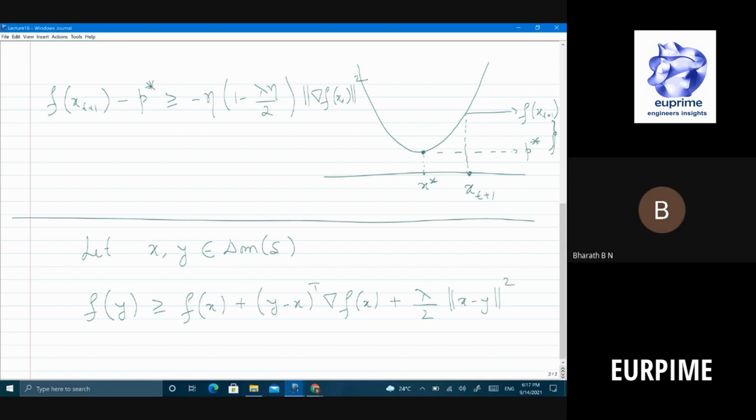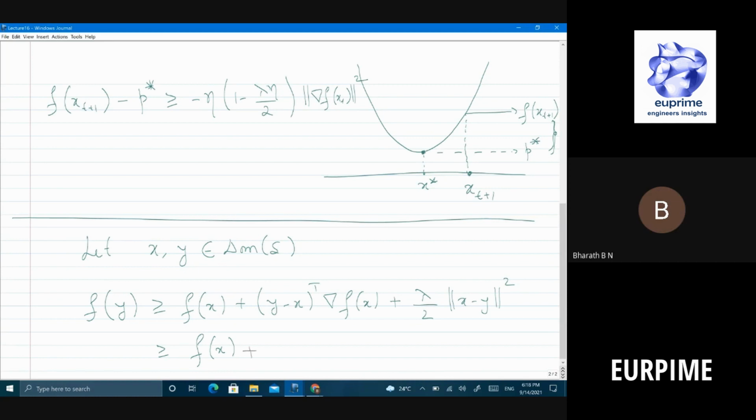You take any two points, strong convexity will give you this. Earlier we took x_{t+1} and x_t. Now we are going to substitute for y minus x. This is greater than or equal to f of x, and this is true for any x, y in the domain.